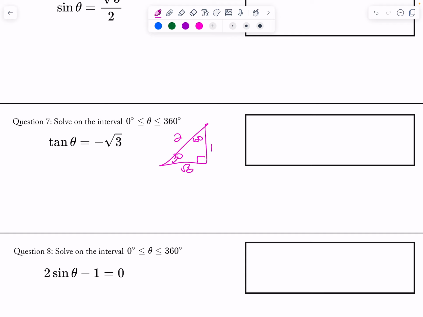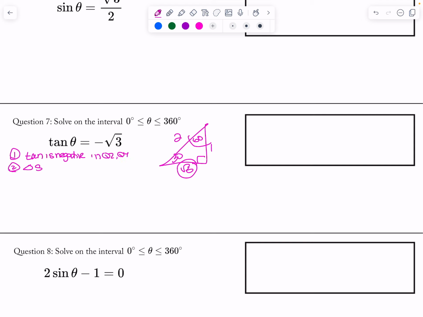Moving along to 7, 30, 60, 90, root 3, 1, and 2. So then I want an opposite side of root 3. So that's going to be a 60-degree angle. My first thing is that tangent is negative in quadrant 2 and in quadrant 4.